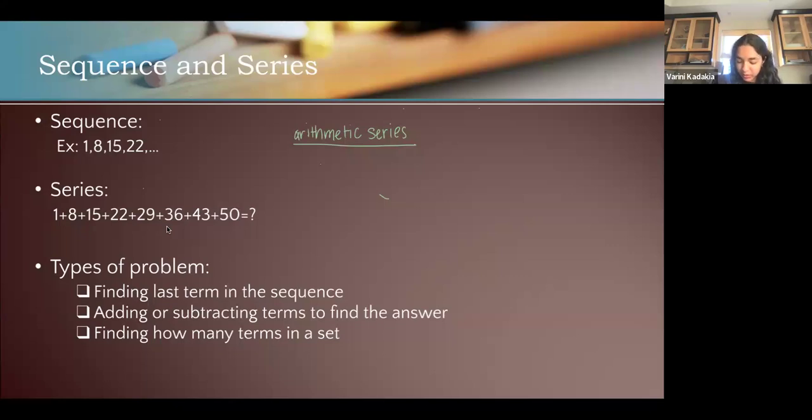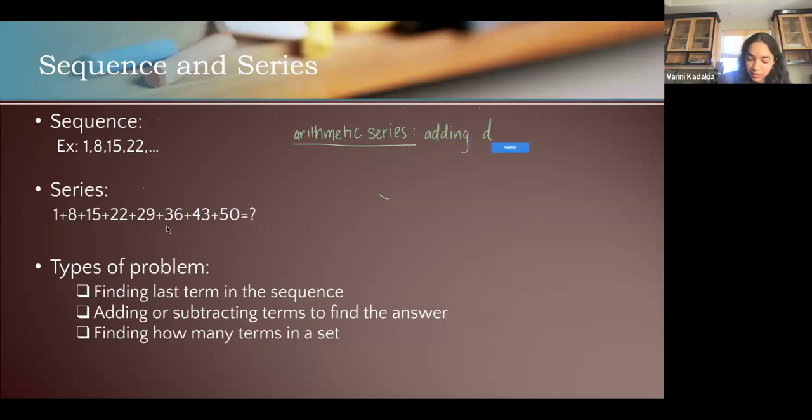Okay, I'll just quickly go over everything and then we can move on. An arithmetic series is where you're adding a term, so you're adding a difference d.